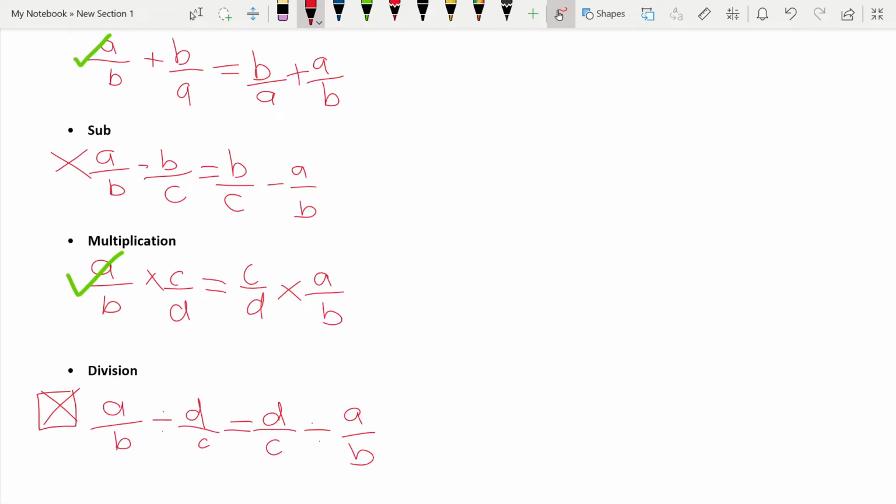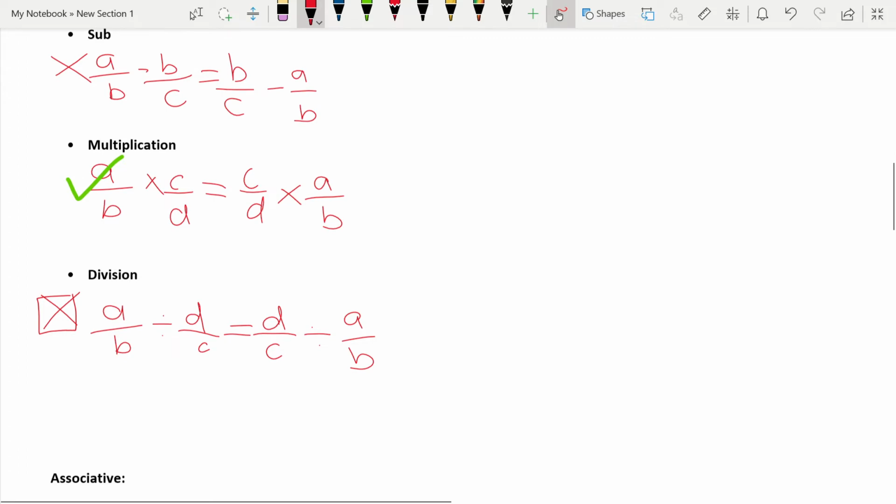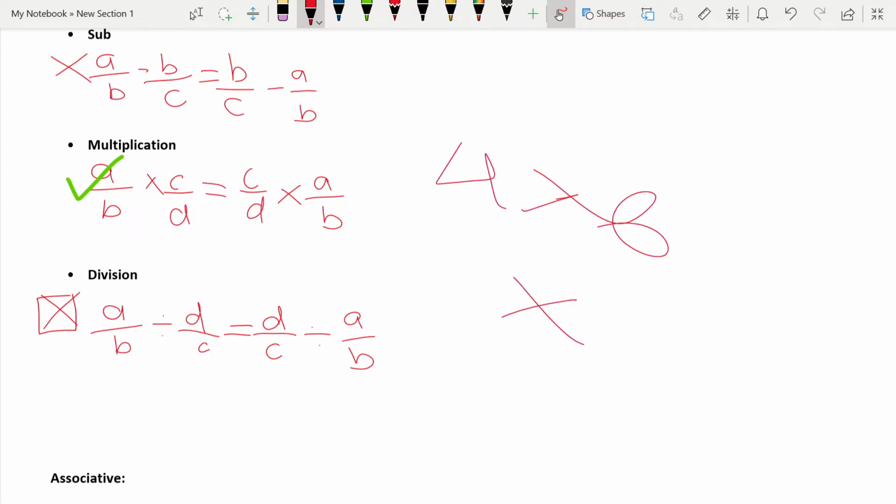Subtraction though is not correct because a by b minus c by d is not equal to c by d minus a by b. Multiplication is also right because a by b times c by d is equal to c by d times a by b, as it is in integers, because if you do 4 times 6 and 6 times 4, they both will equal 24.